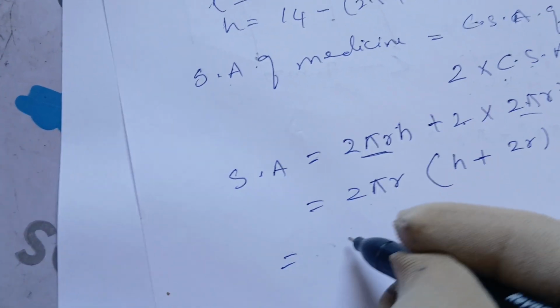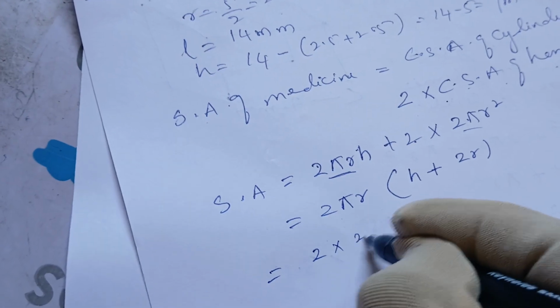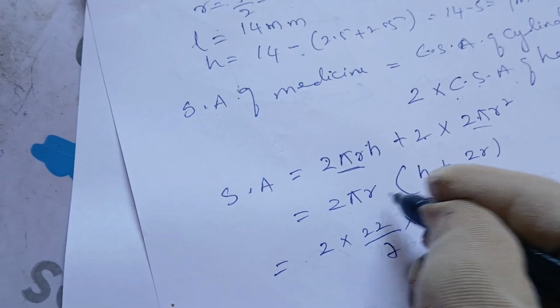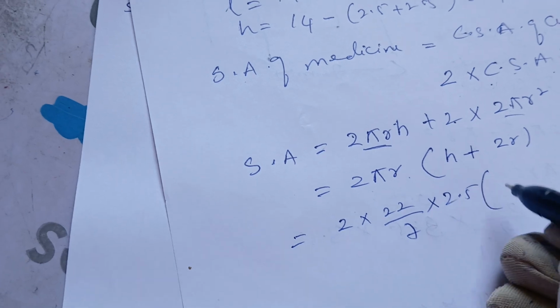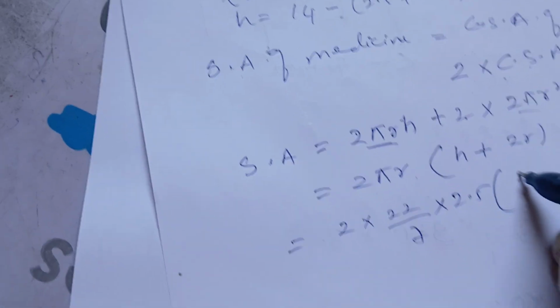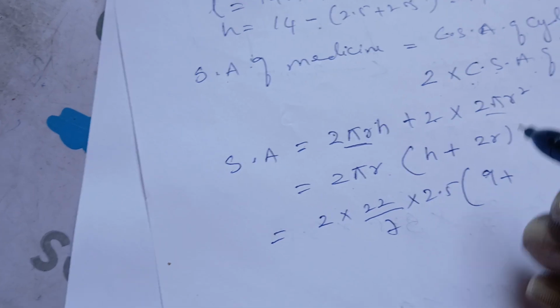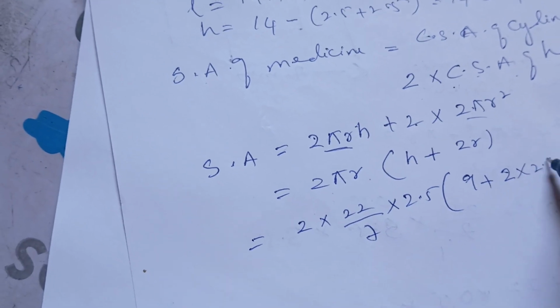So we can now substitute the values: 2 into 22 by 7 into r, as we calculated the radius 2.5, into h, which is 9, plus 2 into 2.5.